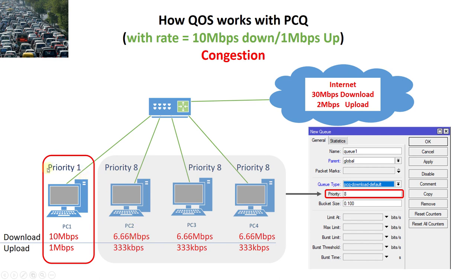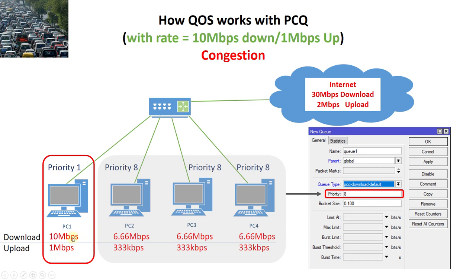So this computer, because the first computer has a priority 1, is guaranteed all the bandwidth based on the rate that is set, which is the 10 megabits. So this computer will be able to get its full 10 megabits down and one up, while the other computers will get the remaining.